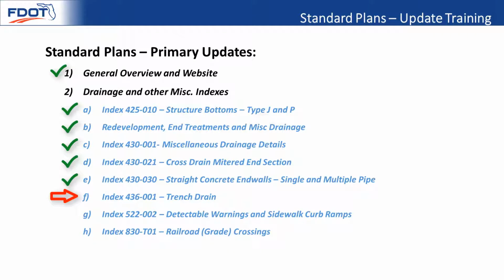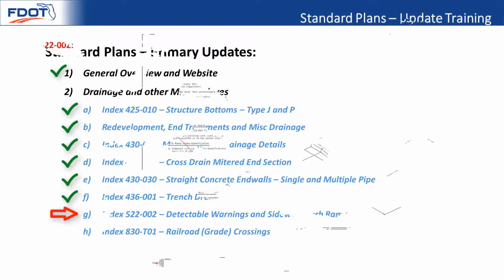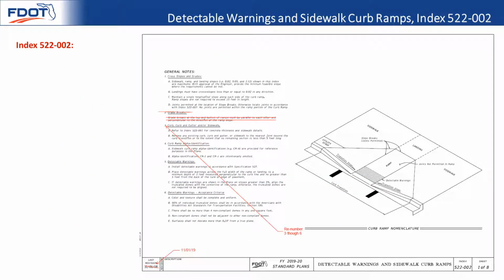The next index we're going to look at is the technical warnings and sidewalk curb ramps, 522-002. This change is something that came to us from one of our CEIs. It was brought to our attention that the general note 2 stating that grade breaks at the top and bottom of ramps must be parallel to each other and perpendicular to the direction of the ramp slope, this note creates a situation that doesn't work.